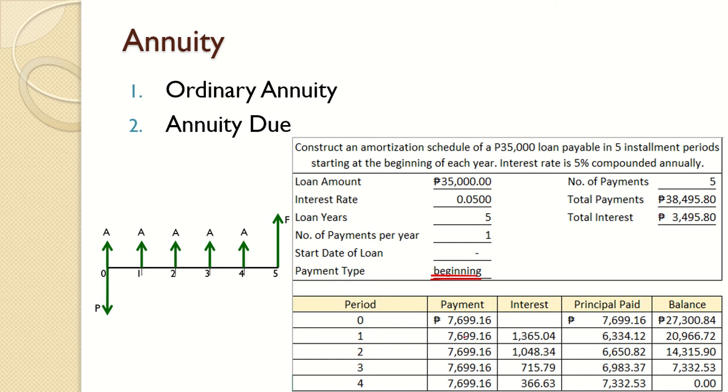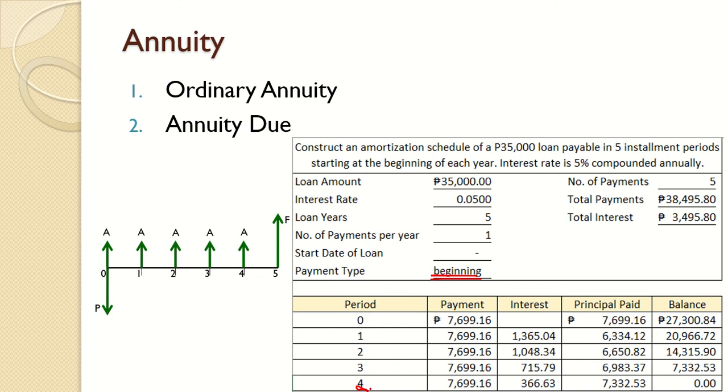So based on calculations, what you pay every year, since the compounding is annual, is 7699.16. As you can see here in the period, supposedly we have 5 years. But since it's annuity due, we are paying at the beginning of each period.